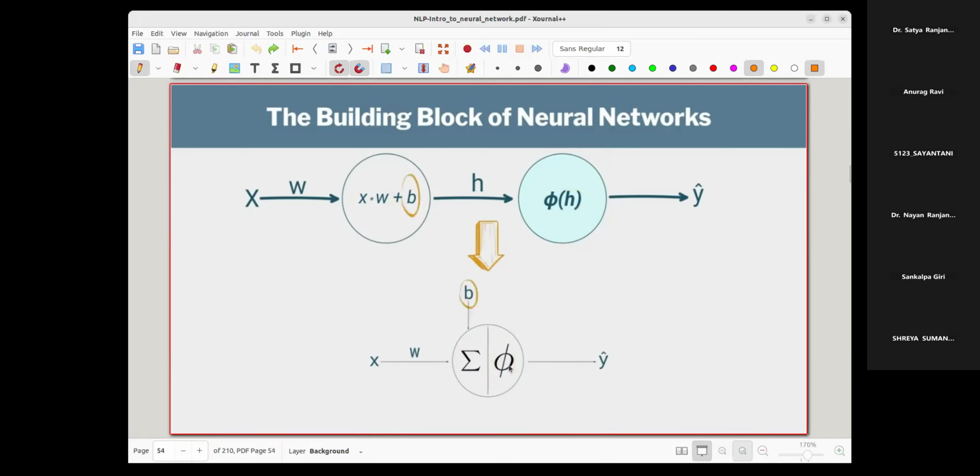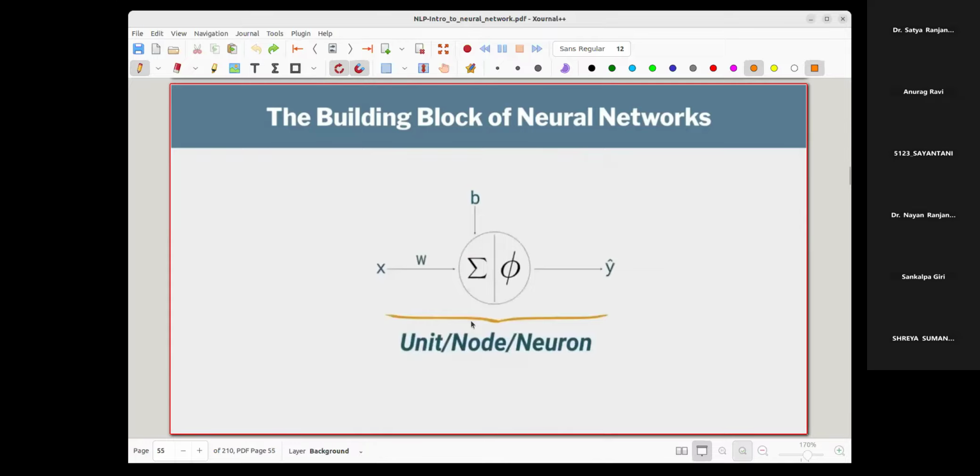Then what is b? Instead of adding b, you just take b as another input. So b can become another input. Now this is called a neuron. In a neural network, this work is done by the neuron. A neuron consists of two separate functions.